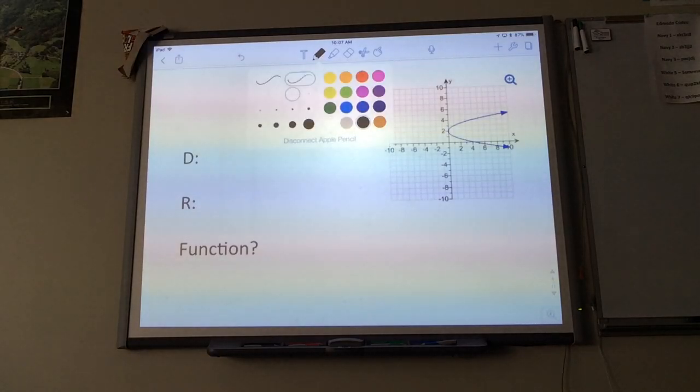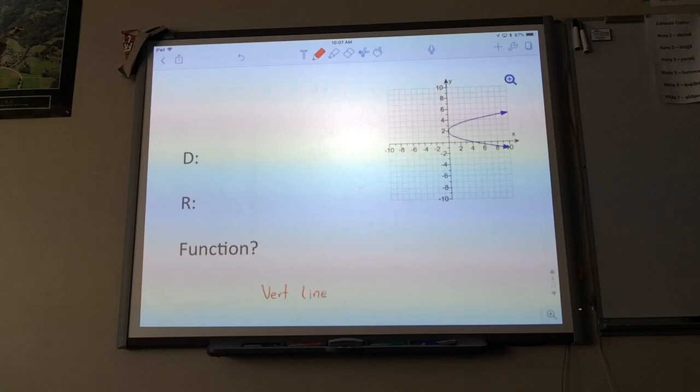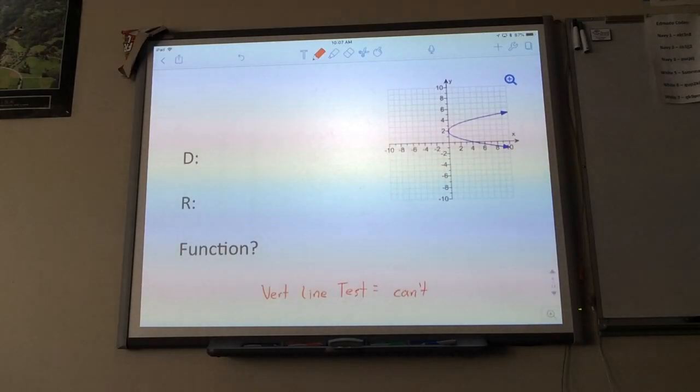If you draw a vertical line, so at the bottom I'm going to write it, vertical line test. It can't cross more than once.